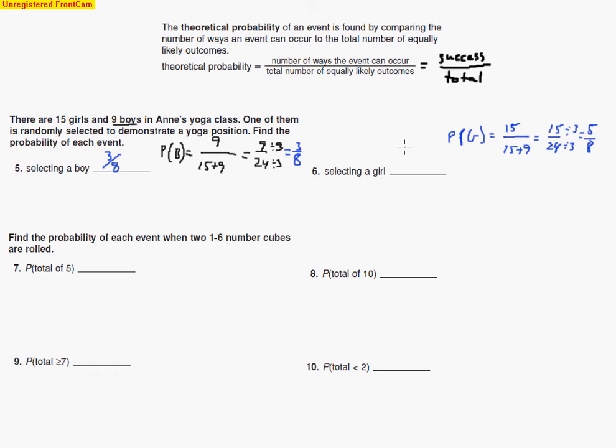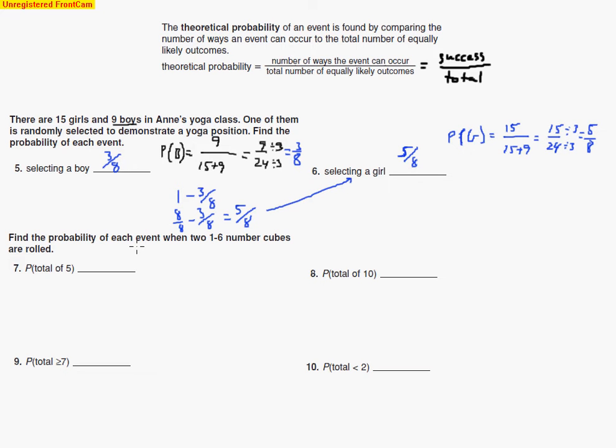But there's another way you can do that. Once you've simplified this problem, the number of boys was 3 out of 8. Well, the number of girls is what plus 3 equals 8? Or it's just 1 minus 3/8. If you take 3/8 away from 1, you can treat 1 as a fraction like 8/8. Take the 3/8 away from it, you're left with 5/8, the same answer we have right here.